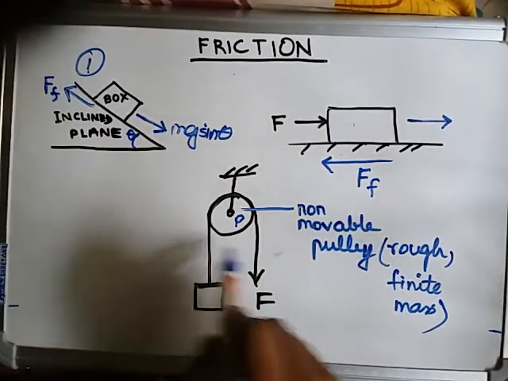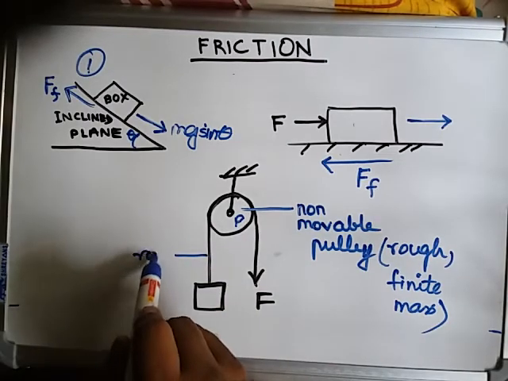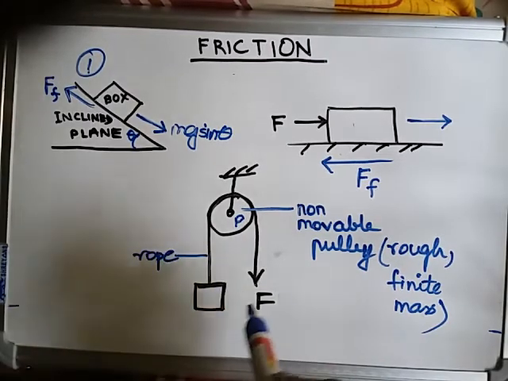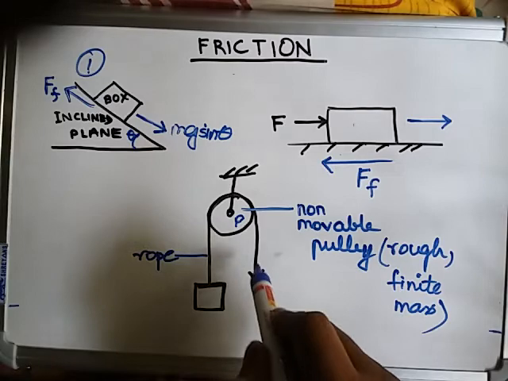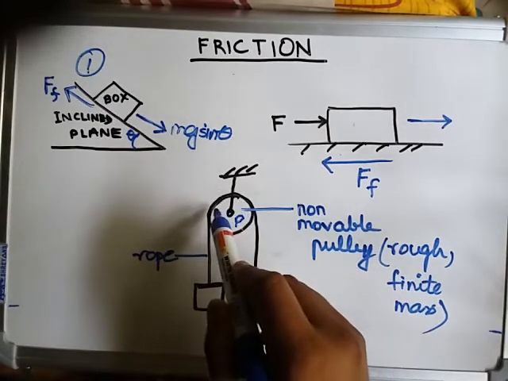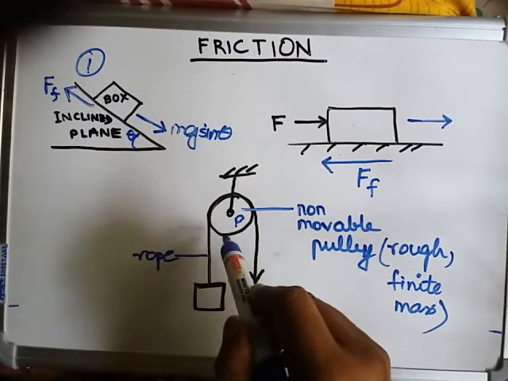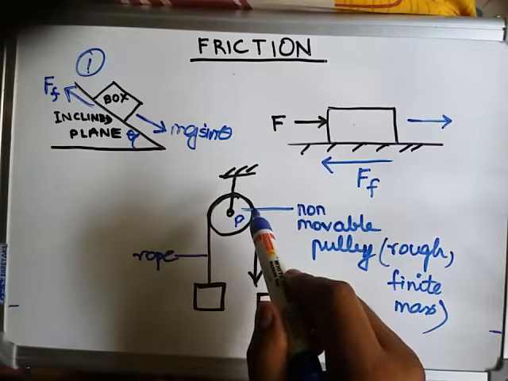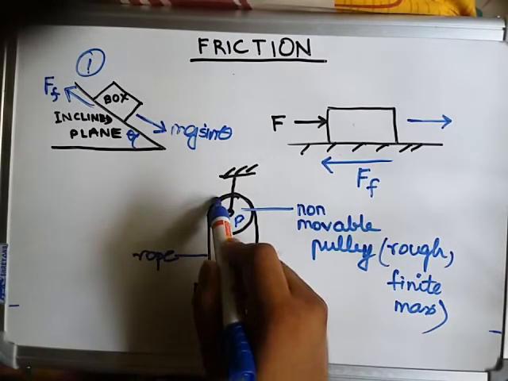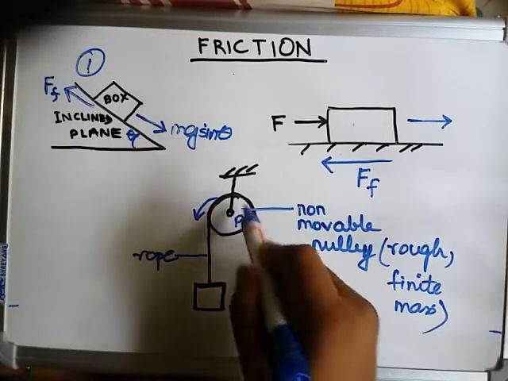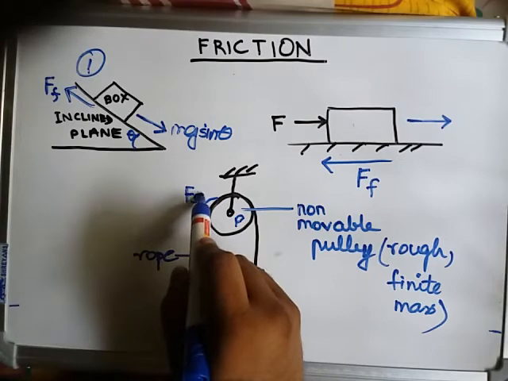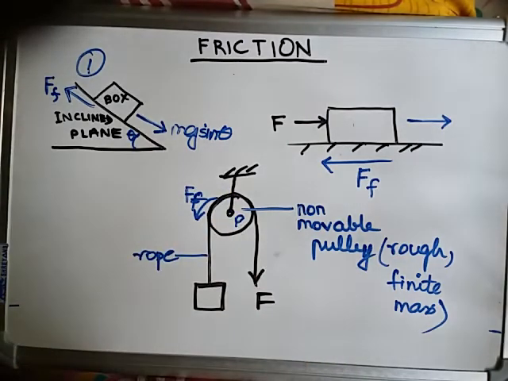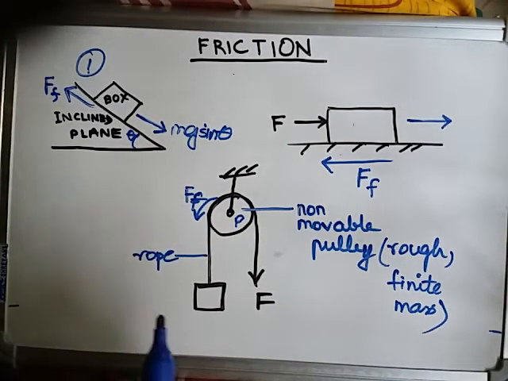There we have a rope, the other end of which is tied to a weight. Now when we pull the rope, this rope glides over the surface of the pulley, and thus it creates friction, and here the friction lies tangentially to the surface of the pulley. So these are a few examples of friction.